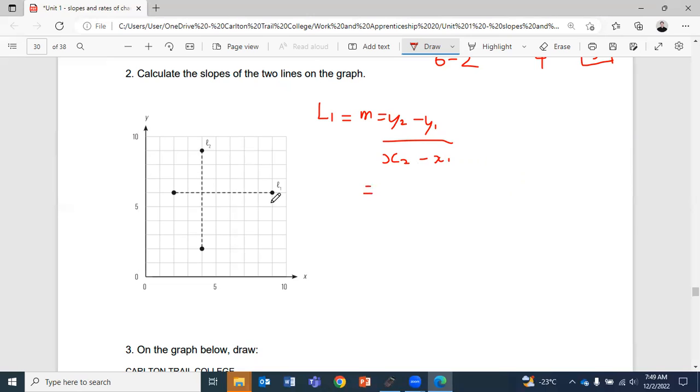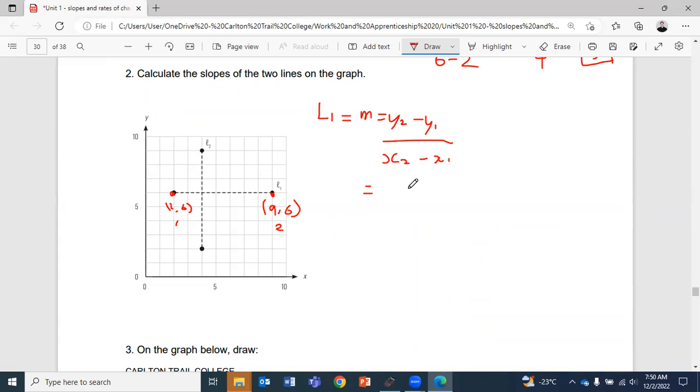Okay. So L1 here. So I have 1 point here. This is a 2 on the x and a 6 on the y. So 2 and 6, this one. And then the second point, this is point 2, is going to be a 9 on the x. But oh, it's just going a flat line. So it's going to be the same y. So first off, this line is different in that there is no vertical change for line 1.